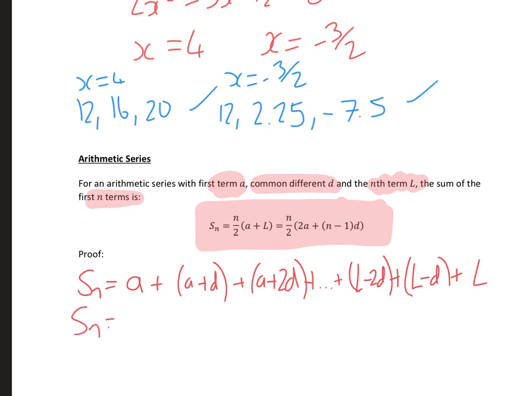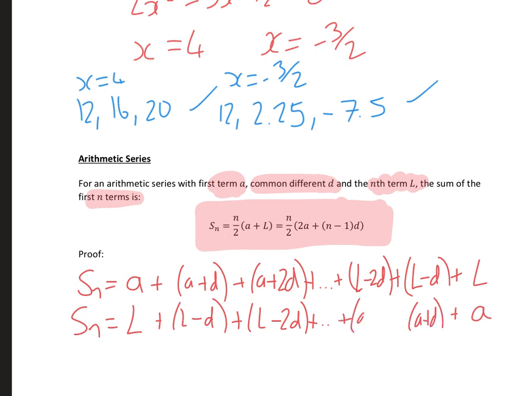Now the trick, what Gauss thought of, is what happens if I write that series in reverse. So I put L at the front, then L minus D, then L minus 2D, lots of numbers in the middle, then A will be at the end, then A plus D second from the end, and A plus 2D the next one.